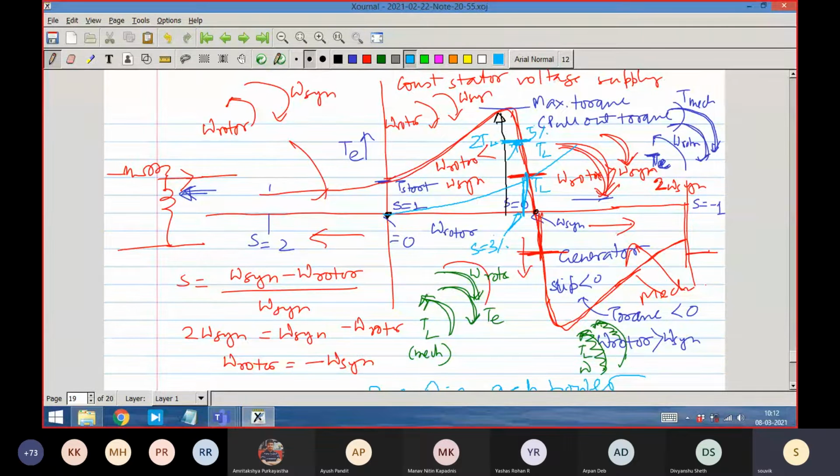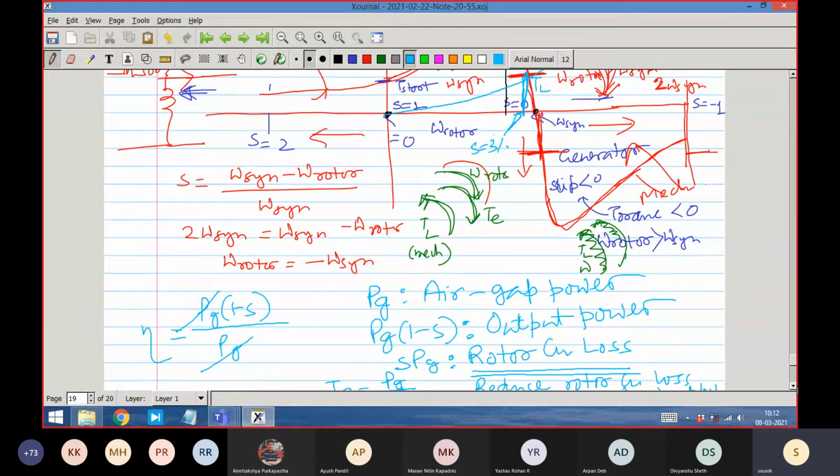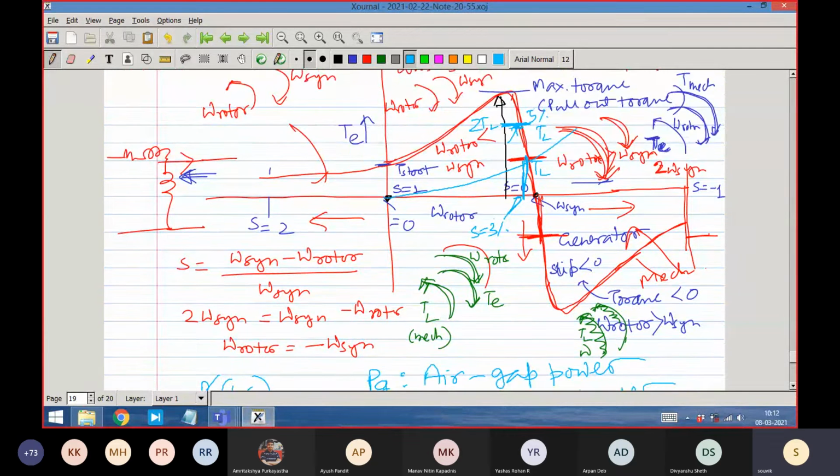And the output power is the mechanical power, and the mechanical power is actually (1 minus S) times PG. So what we learned here is that at this rated operating point, the output power is PG times (1 minus S), and the input power is PG, right?